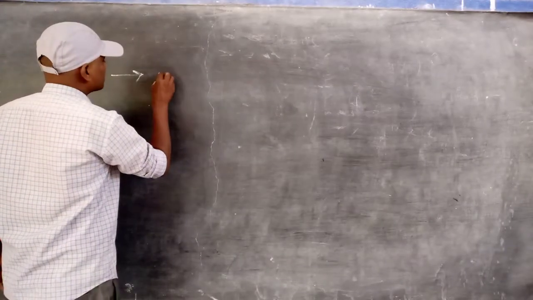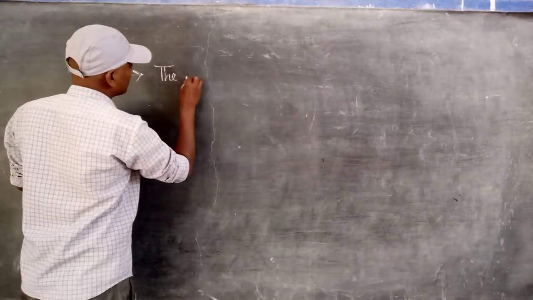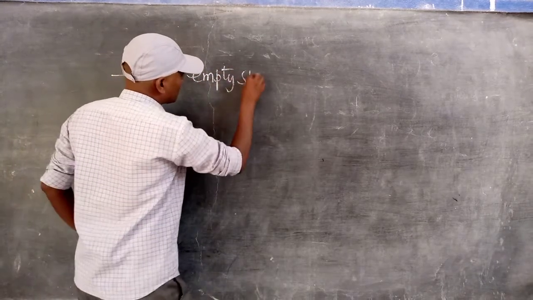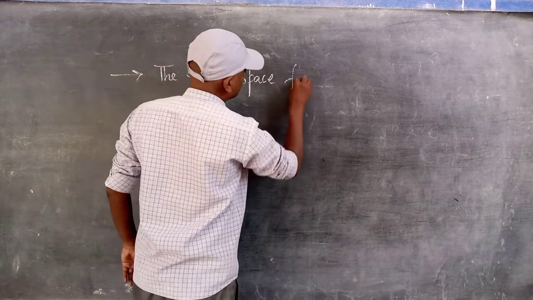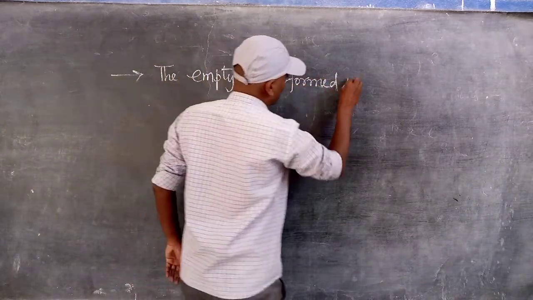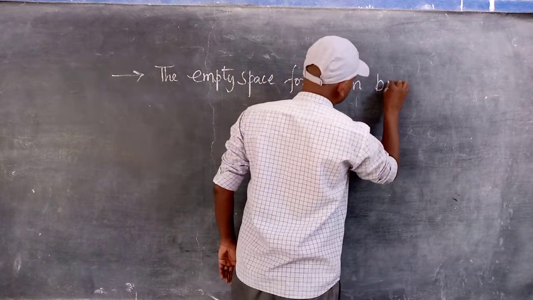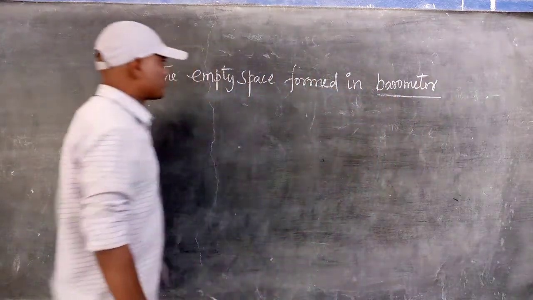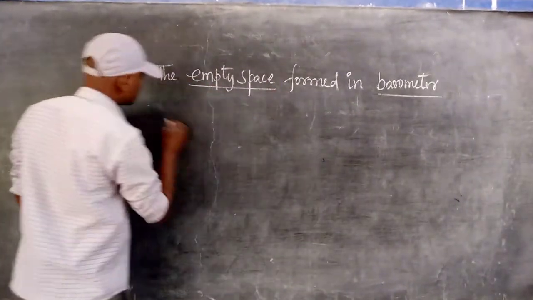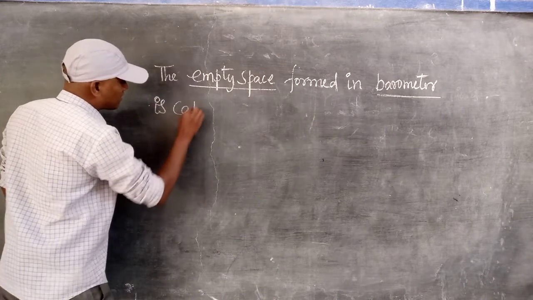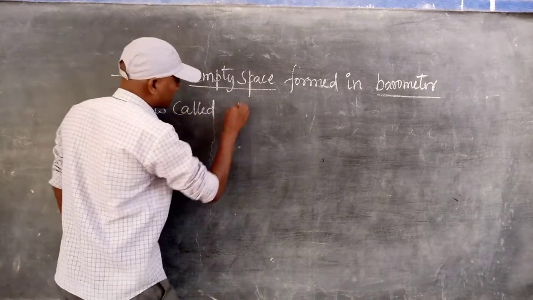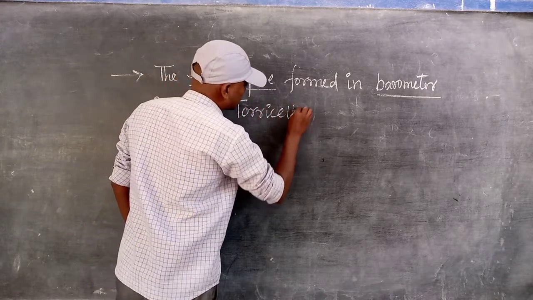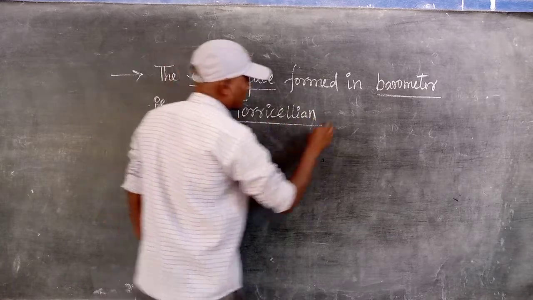The empty space formed in the barometer is called Torricellian vacuum.